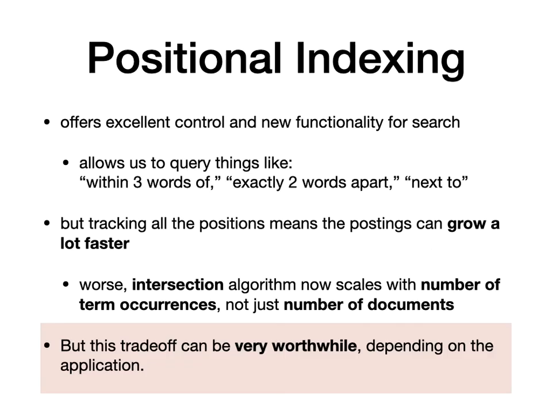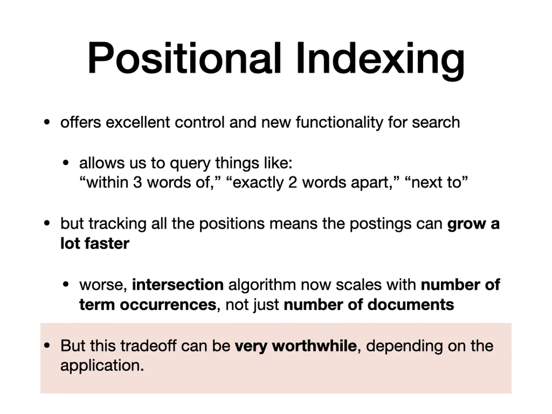Positional indexing gives you great control and new functionality for search altogether. It allows you to query all kinds of interesting stuff. So anything within 3 words of X and Y, or these 2 words are exactly 2 words apart, or these 2 words are next to each other, or this is a string of words that are all in a row. But this increases the size of our postings. It is a trade-off. If we want these special magical powers for our search system, we pay by giving the system more space to keep track of information.